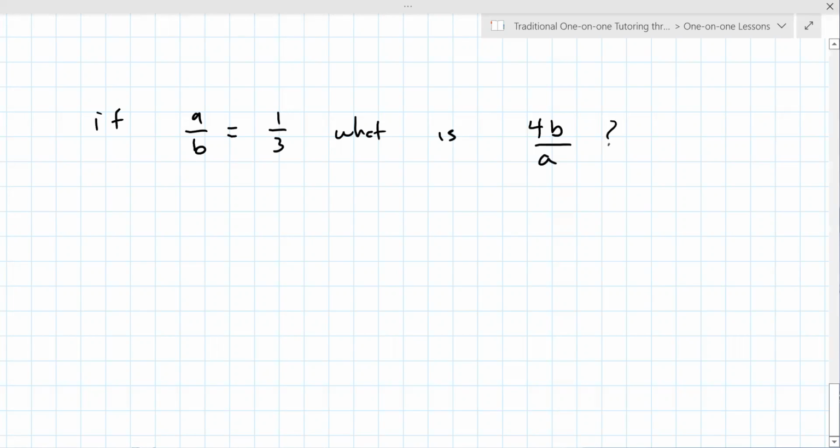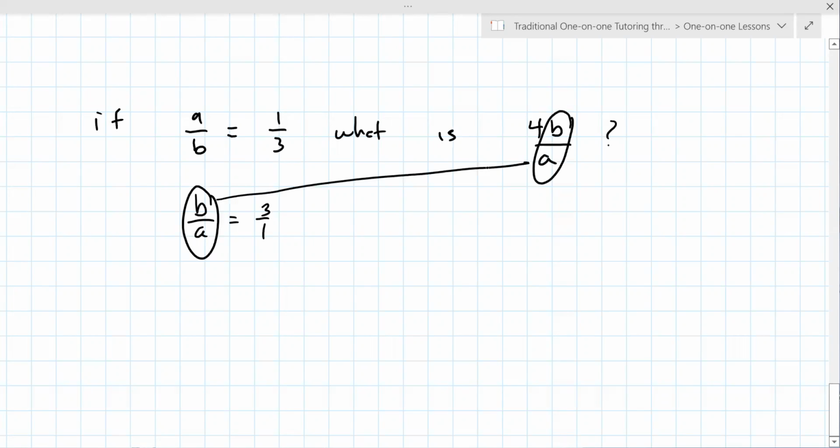So it'd be would it be 1 and 1/3? So you flipped it. I heard that. B over A equals 3 over 1. So aren't we substituting for that? Aren't these the same?